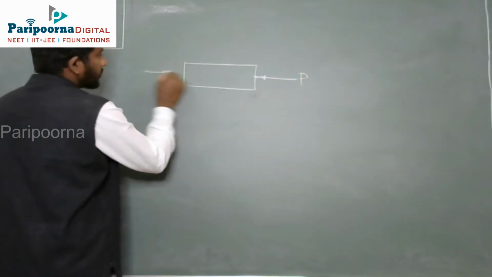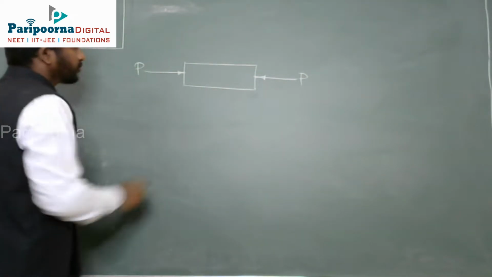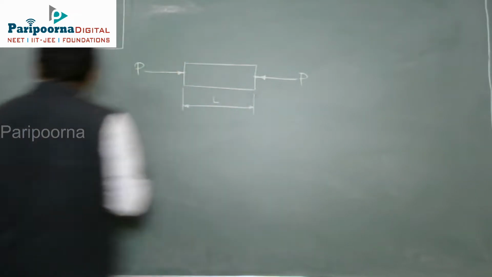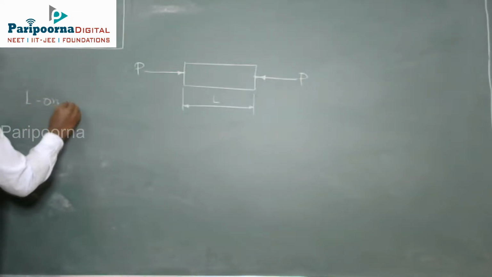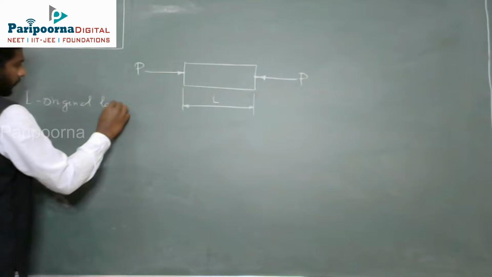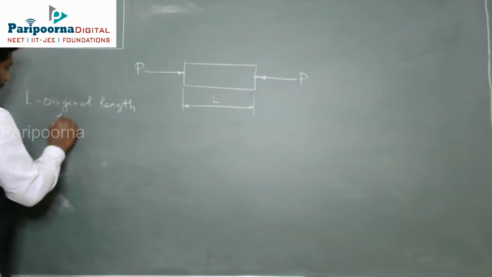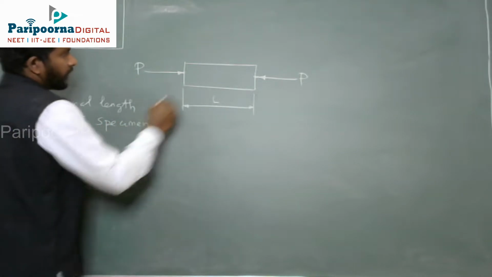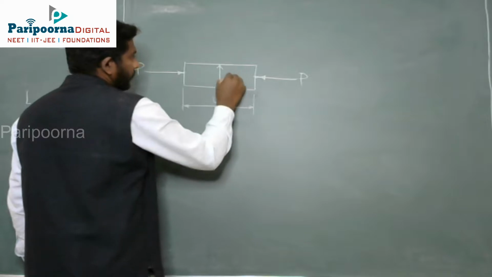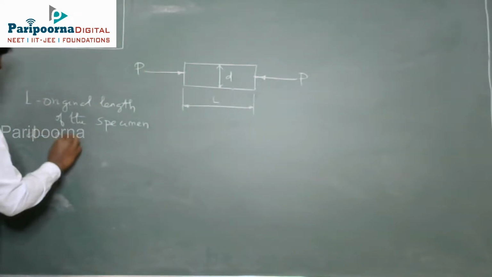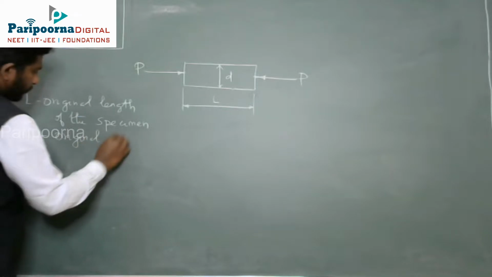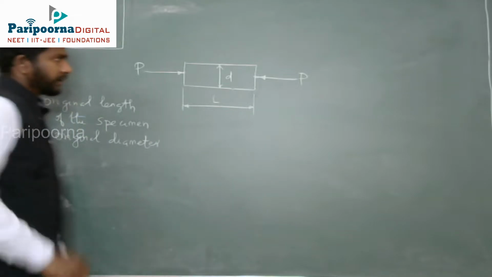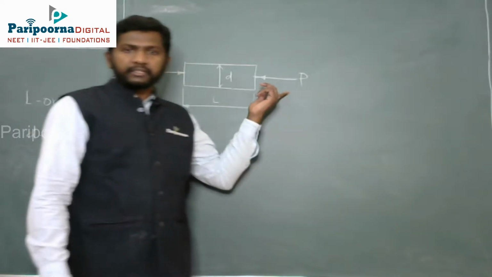Compressive loading is nothing but two equal and opposite pushes. So L is the original length of the specimen, and this is the diameter. D is the original diameter.